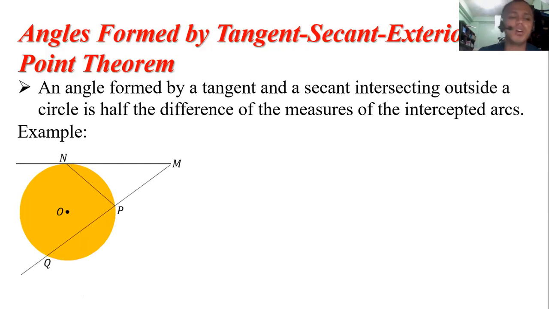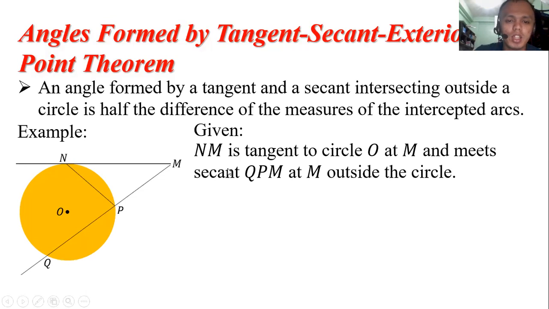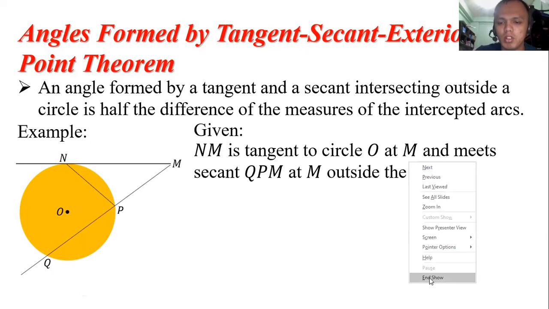Now we have circle O. Here, NM is a tangent to circle O, with N as the point of tangency. Let me correct this one.